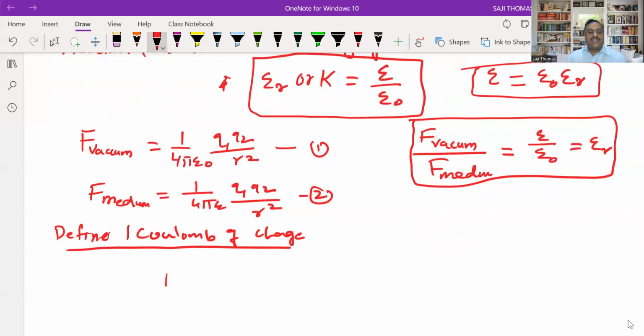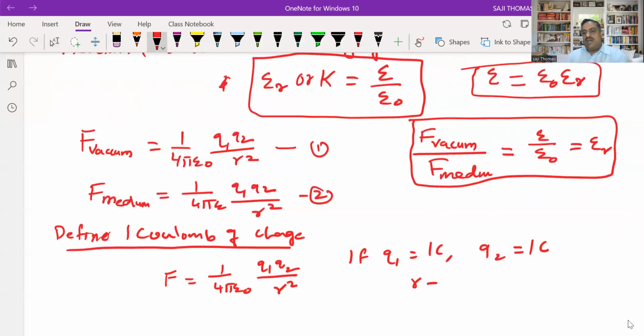So we write the equation. When two charges are placed in vacuum, we write the equation 1 by 4 pi epsilon 0 Q1 Q2 by R square. If Q1 equals 1 coulomb, Q2 equals 1 coulomb, R equals 1 meter, then what will be F? F will be 1 by 4 pi epsilon 0, Q1 is 1, Q2 is 1, by R square, which is 1.